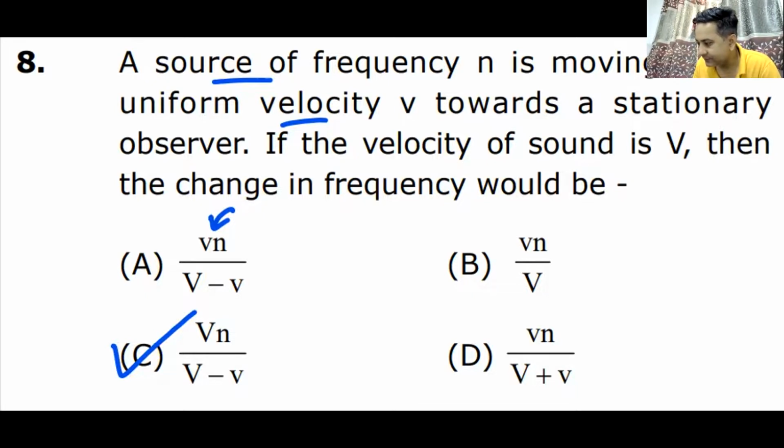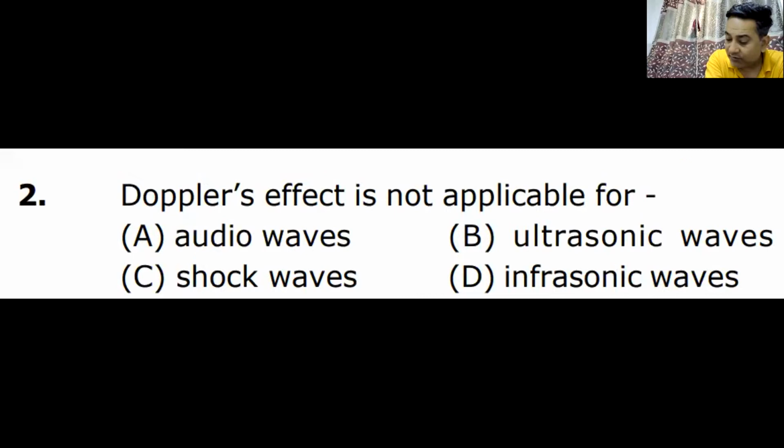So don't give answers from the answer key. Anyone can do that. I hope you will not repeat the same mistake again. So remember, it is the velocity of sound in the numerator and V minus Vs in the denominator. Don't make a mistake. Next one is this one.